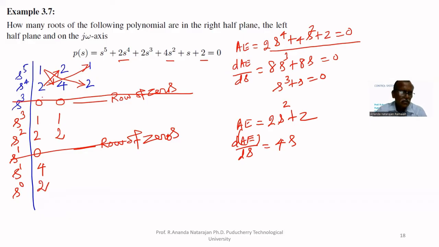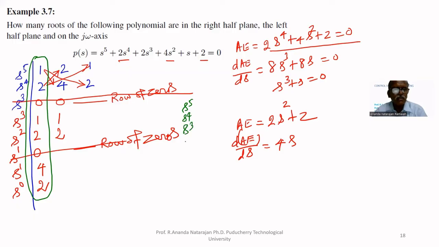So if you check the first column elements, write again s power 5, s power 4, s power 3, s power 2, s power 1, s power 0.